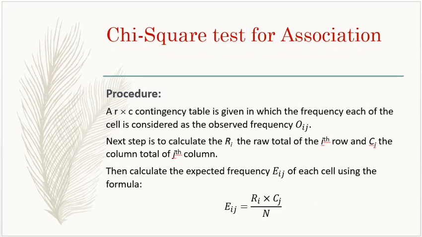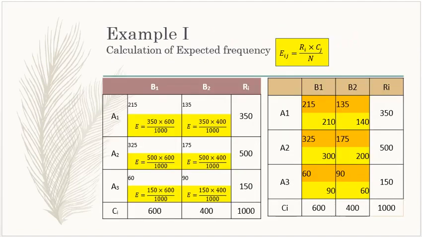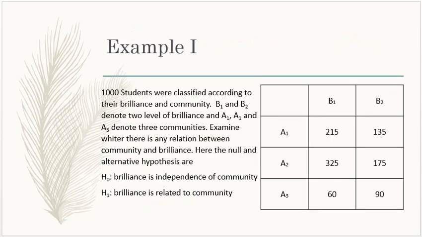In order to find the theoretical frequencies, before going into the details, let us first go through an example. Consider an example. 1,000 students are classified by their brilliance and community.